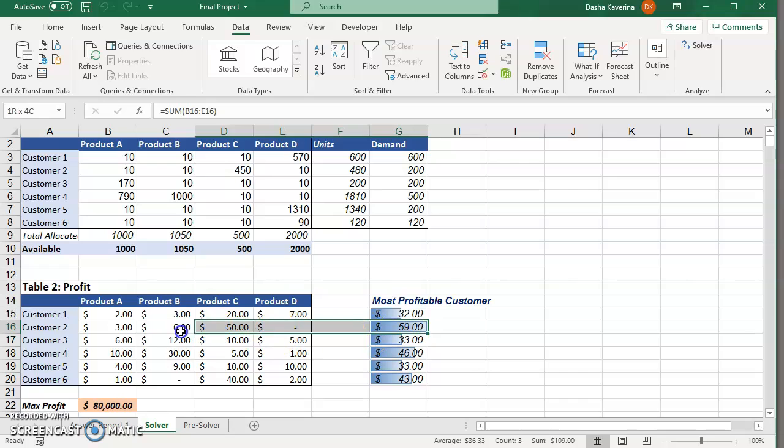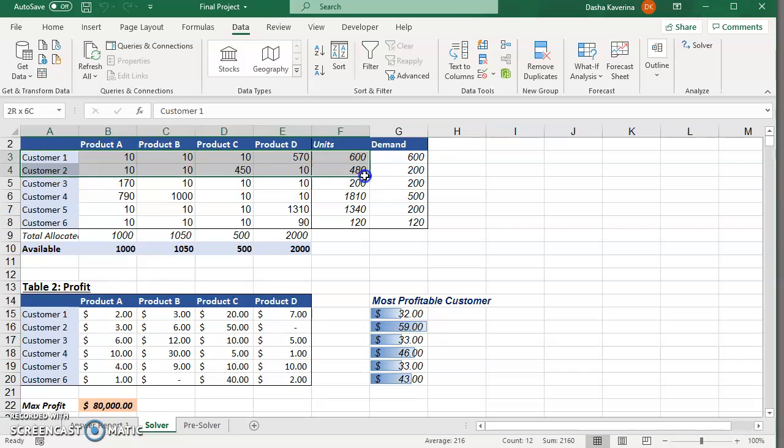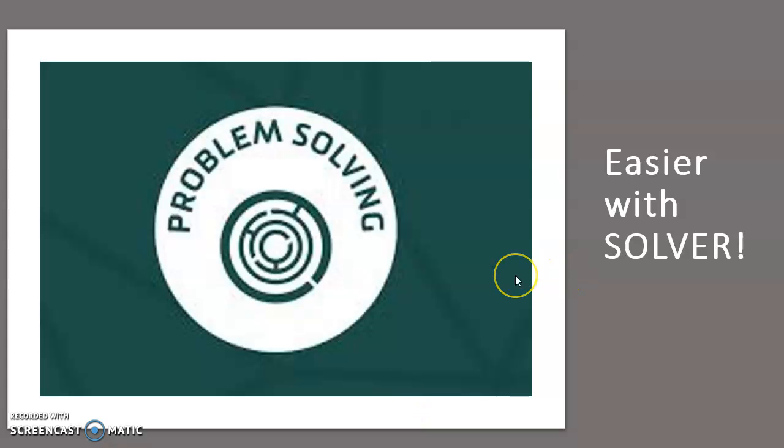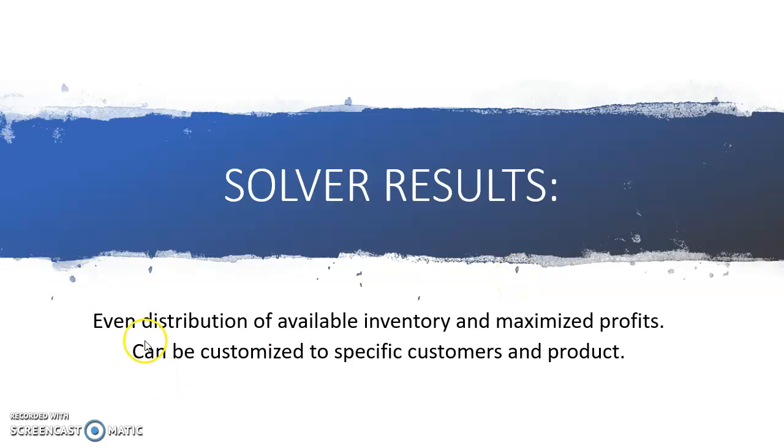We might want to work with customers who are the most profitable, or there might be other agreements, other constraints that tell us, all right, no, we need to give customer 1 more merchandise than this. However, this is a great example of how Solver can help make our lives easier. And as a result, we have an even distribution of available inventory and maximized profits.